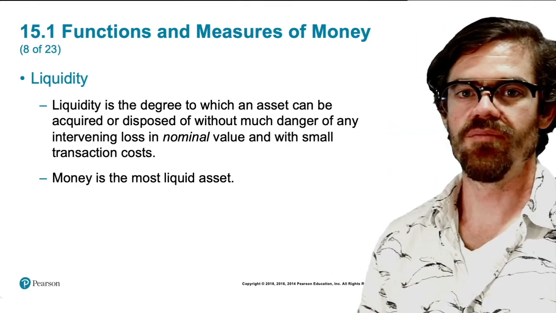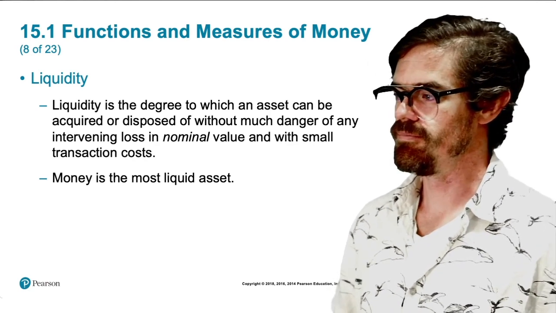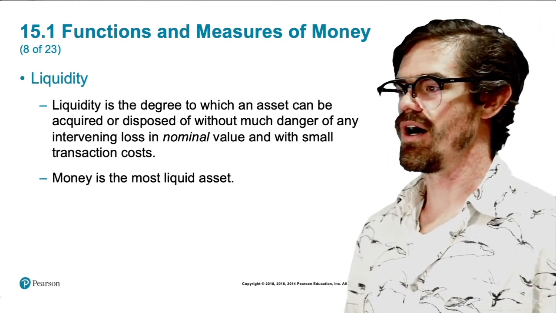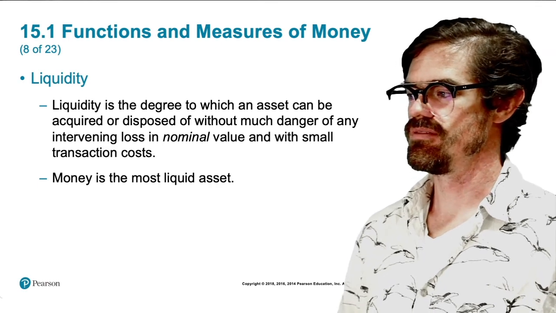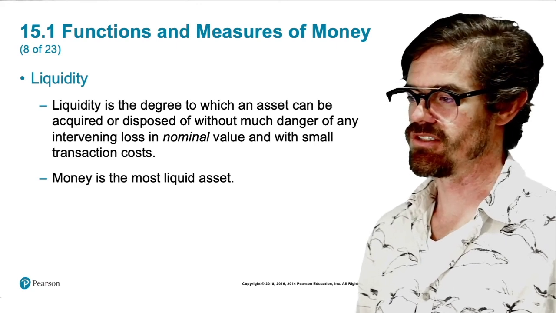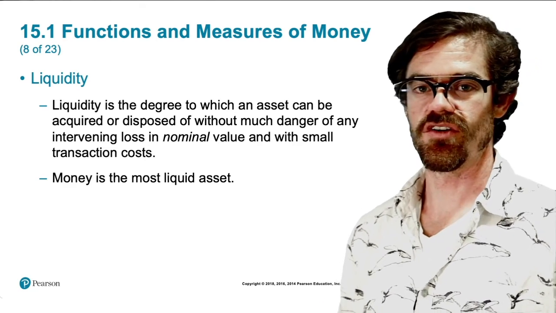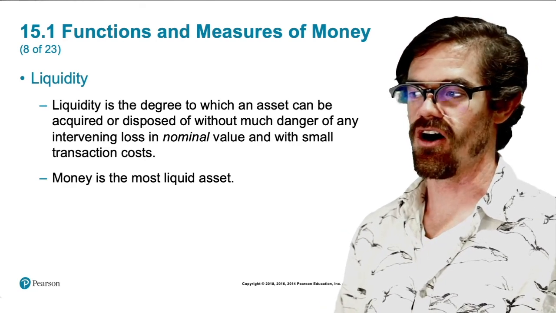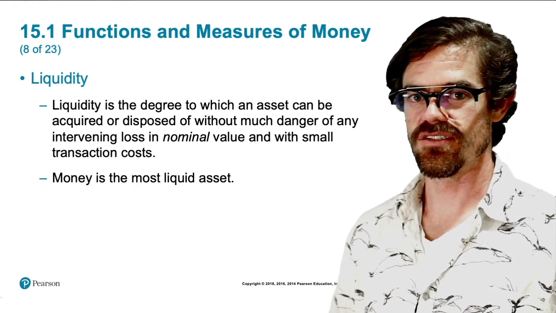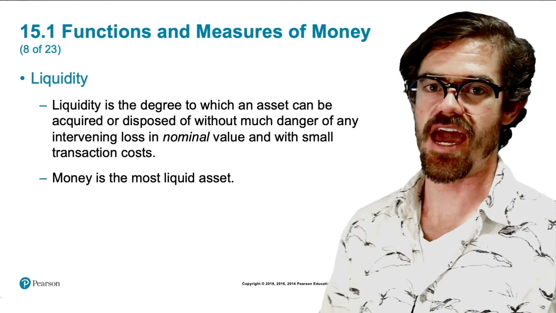All right, so when we talk about money, we also will sometimes want to talk about something called liquidity. This is just the degree to which an asset can be acquired or disposed of without much danger of intervening loss in its nominal value and with a small transaction cost. Or another way to think of it is, how easily can an asset be converted into cash? So something like a house is not very liquid. It takes a long time in some cases and involves high transaction costs to convert a house into cash or into money.